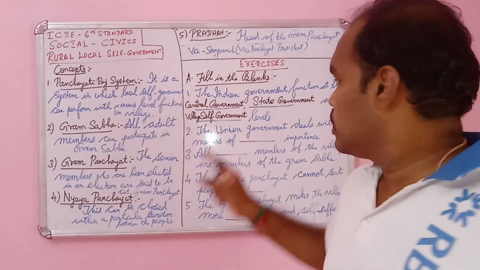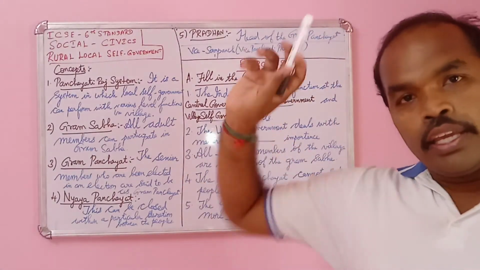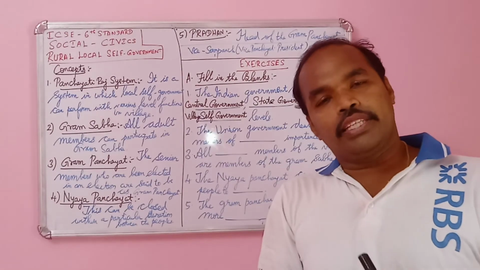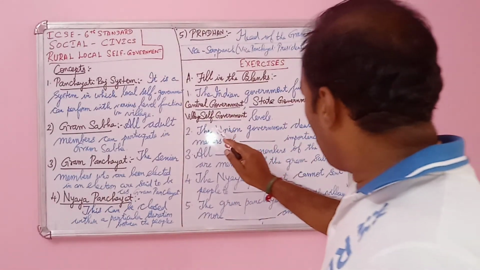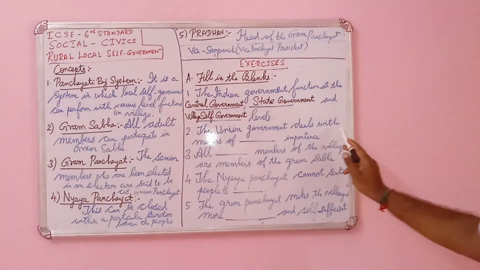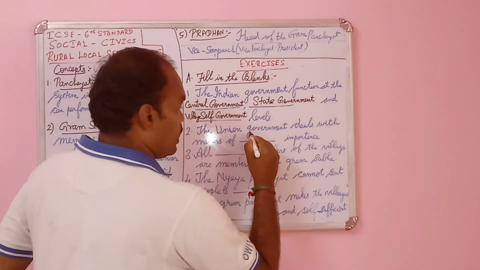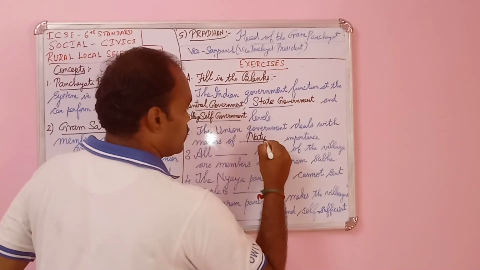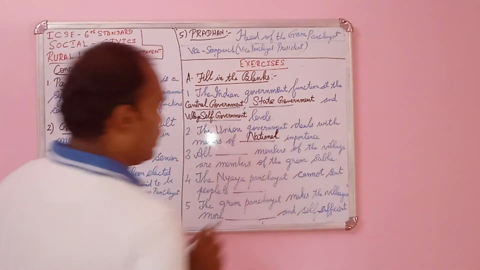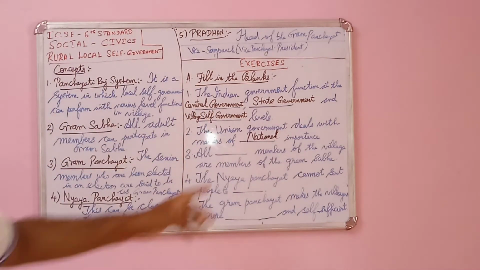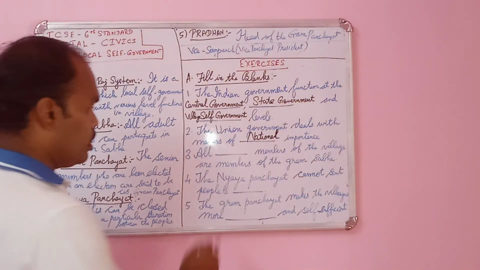Those 30 states will be managed by the union government. So the entire country, what will we say? We will say national. So the union government deals with the matters of national importance.